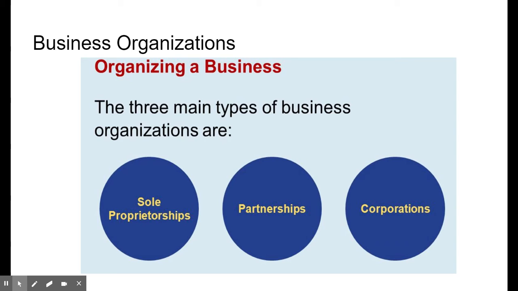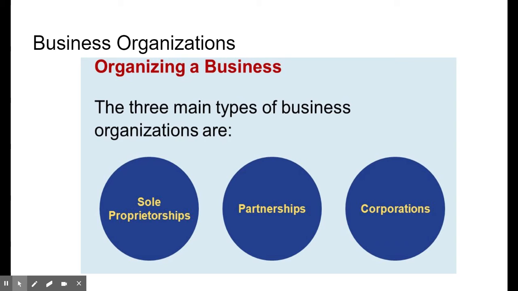Sole proprietorships, as obvious from the word sole, is when there is one person that owns a firm. And this one person establishes this business on paperwork of a business license and a business number and so on, but they and the business are one and the same.